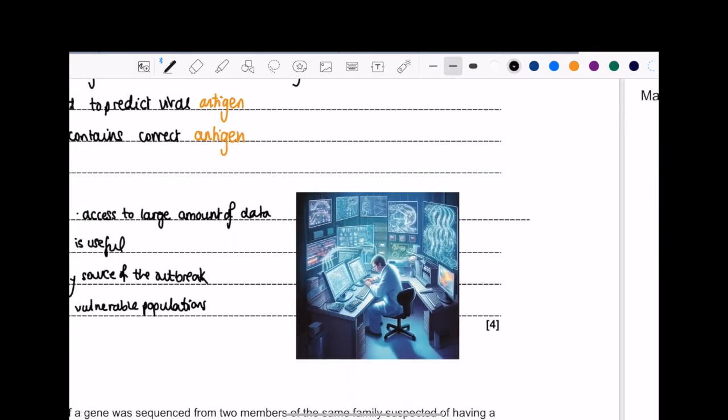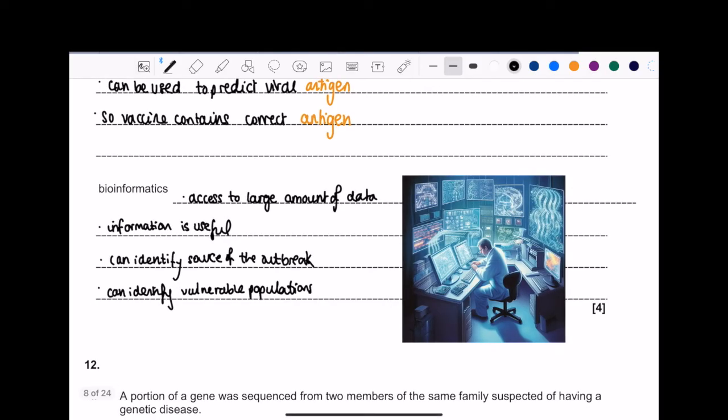Next, the information is universal, meaning it can basically be used by everyone, and DNA is the same across countries.